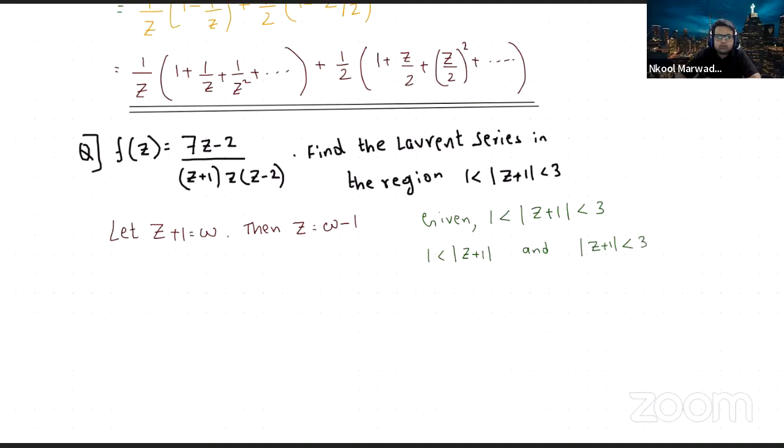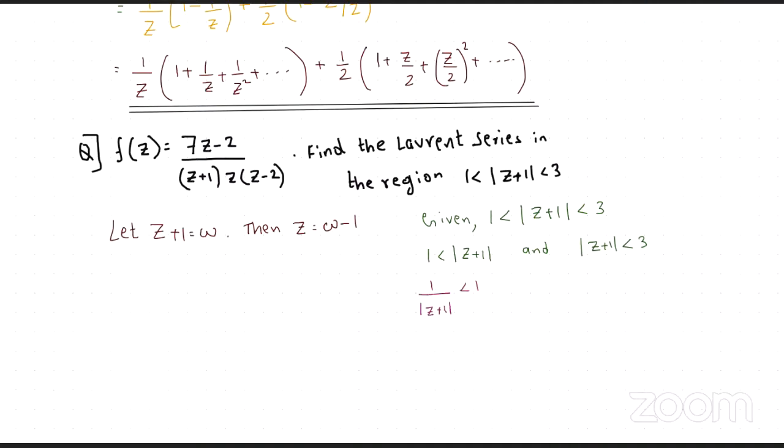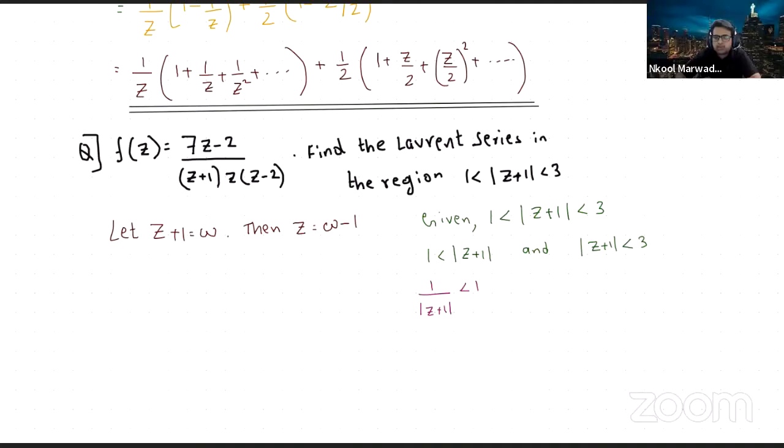Now I will bring this z plus 1 down. Like I can say that 1 upon mod of z plus 1 is less than 1, and mod of z plus 1 by 3 is less than 1.